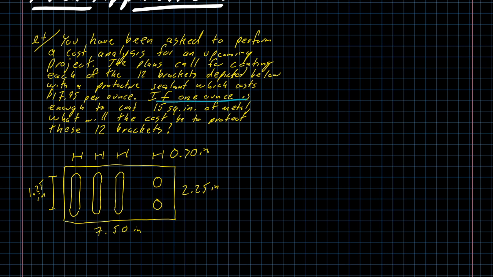Well, I'm looking first at this phrase right here. 1 ounce is enough to coat 15 square inches. So I know that I need to find the area in square inches.